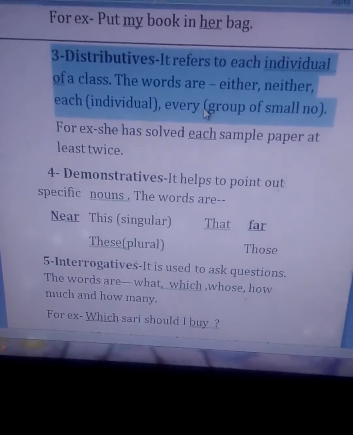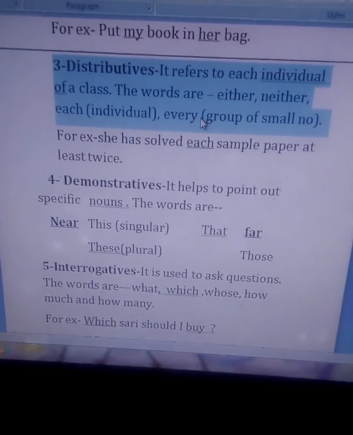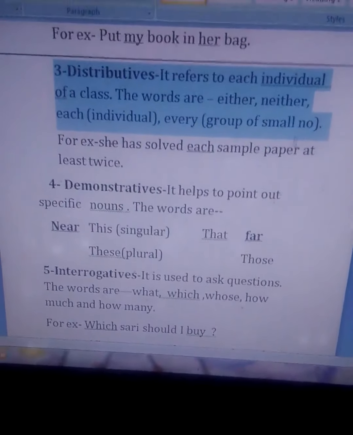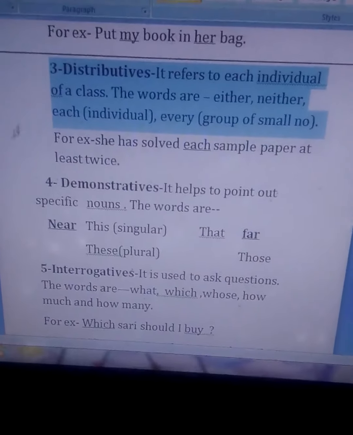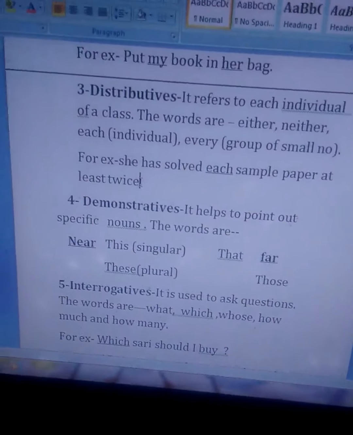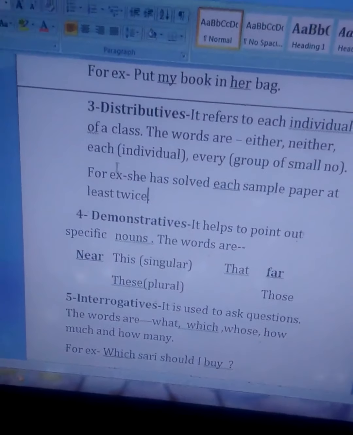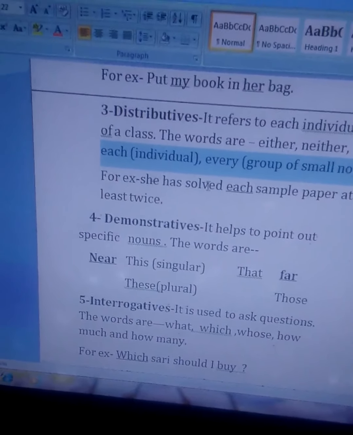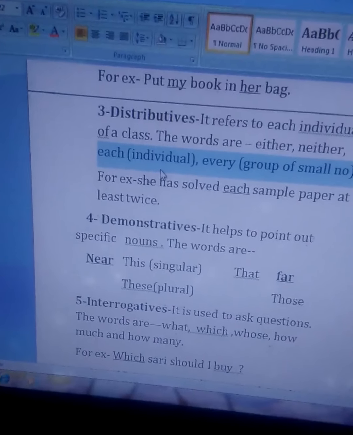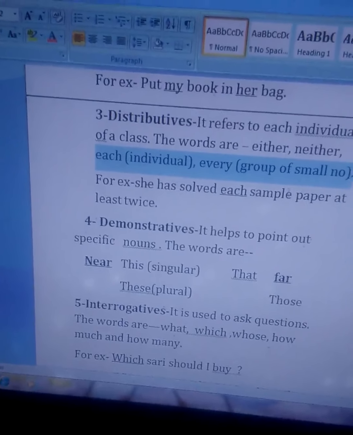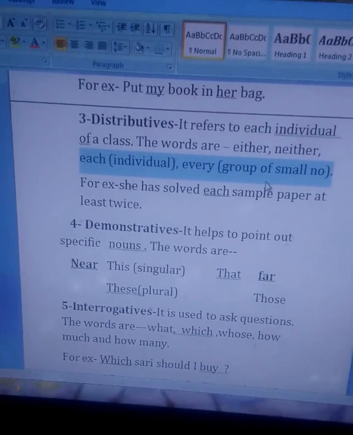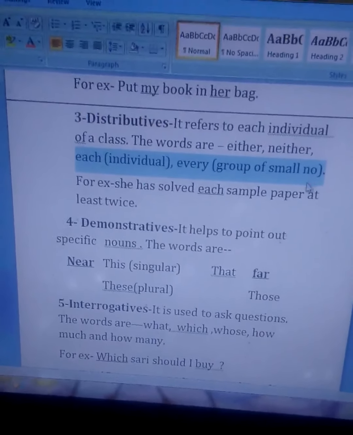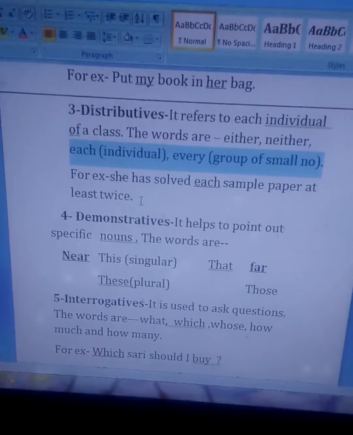We use either, and neither we use for not one, not the other, meaning in a negative sense. Each and every convey the same meaning, but each is used for an individual person, and every is used for a group of small numbers.